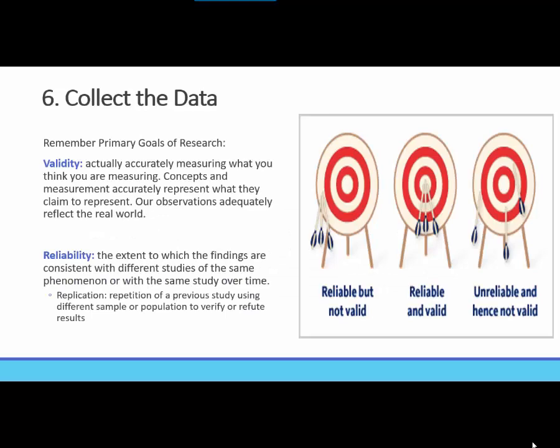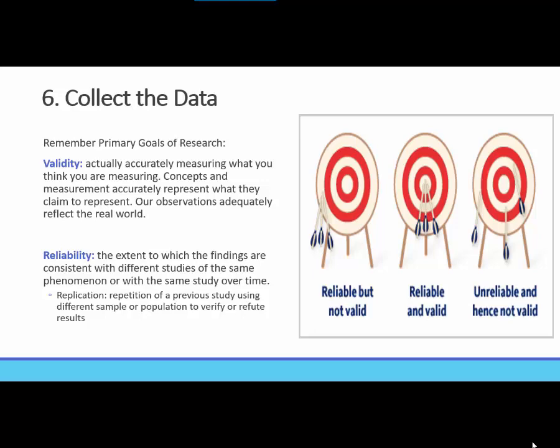So then we come to step six, and that is where you are actually out there collecting your data. And this is a good place to remind you that there are two primary goals of research. You want to collect data that is valid, and you want your data to be reliable.